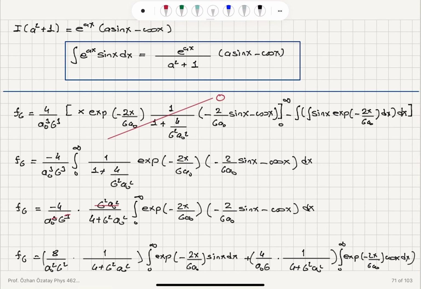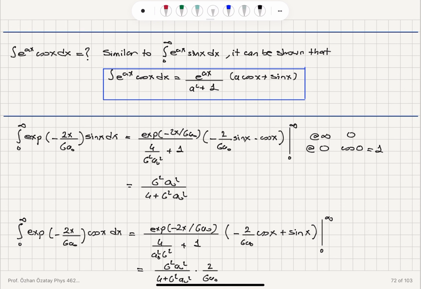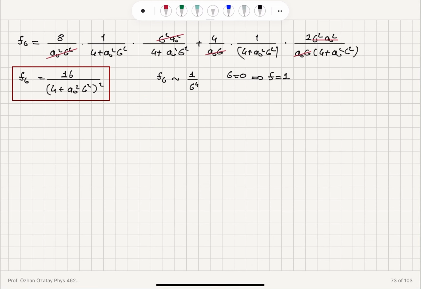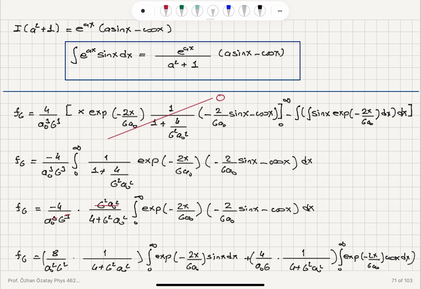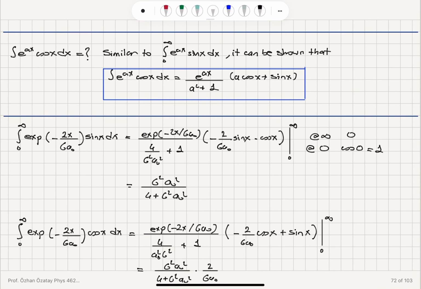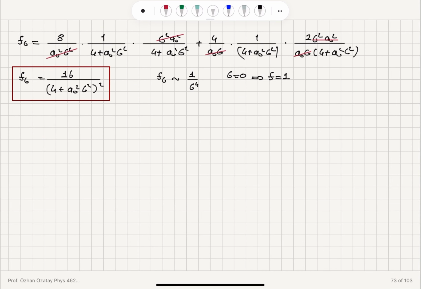So the first integral that we have here, we have evaluated using the sine result between infinity and 0, and the second integral we have used this result evaluated between 0 and infinity. The non-zero terms come from cosine 0. And when we substitute that result into the full expression for the atomic form factor, we obtain the suggested result, 16 divided by 4 plus A0 squared G squared squared.